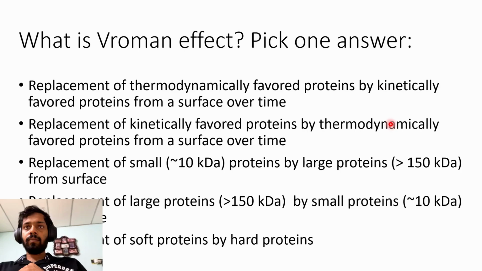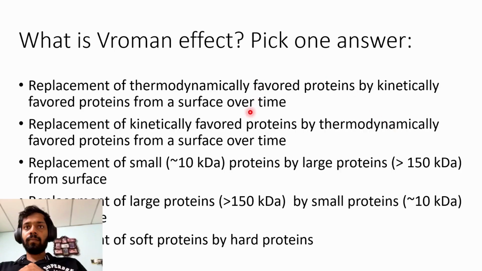And thermodynamically favored proteins are obviously ones that are much larger and much harder than the initial proteins, but essentially their adsorption is much more thermodynamically favored in the sense that the entropy is much lower once they have adsorbed onto the surface. So, what do you guys think?